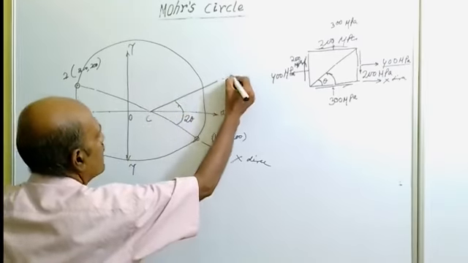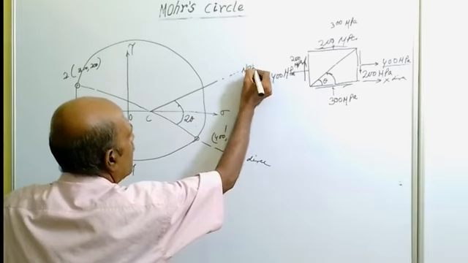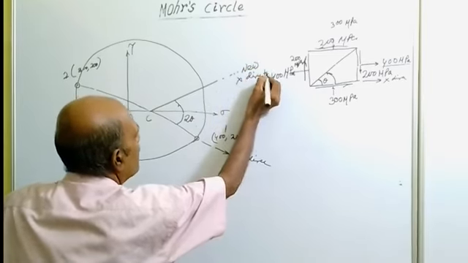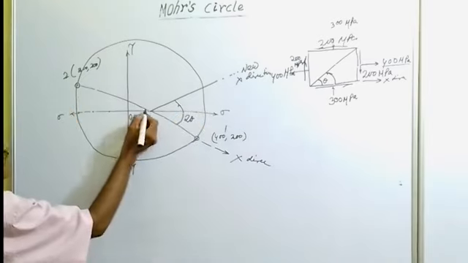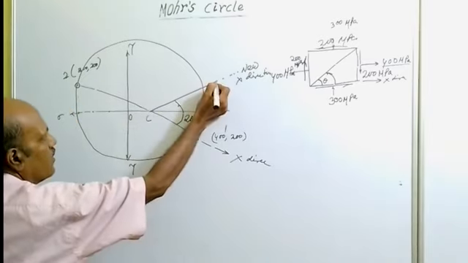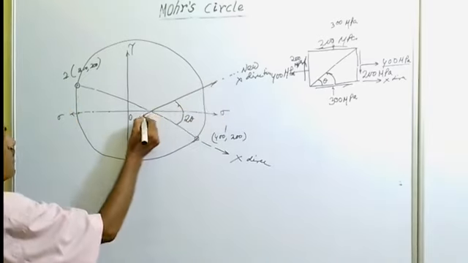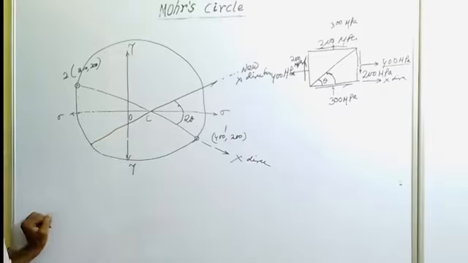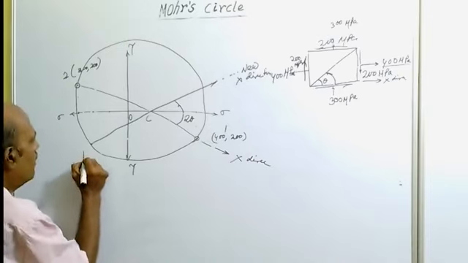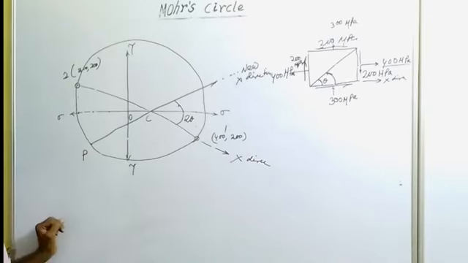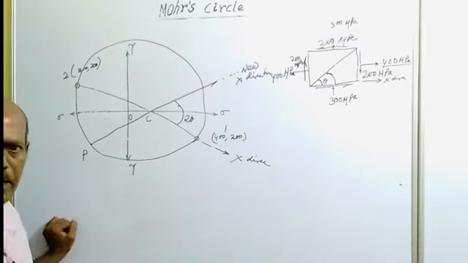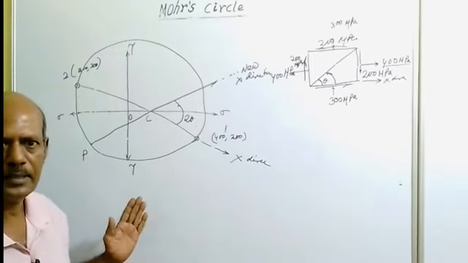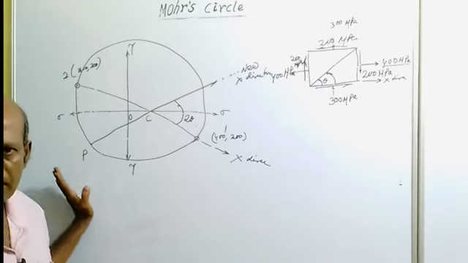So this will become new x direction. Extend this new x direction in opposite direction. It will intersect somewhere in the circle, and that point we will mark as point P. This point P is known as foot of new x direction.